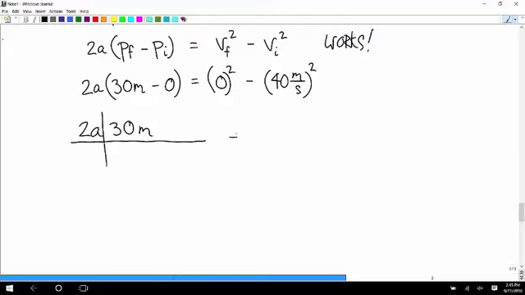And then on the other side, we have 0 minus whatever this is. Notice we do the square before we take the negative, so that we have the negative. So 1600. And we also have meters squared over seconds squared. I'll write that as meters times meters over seconds times seconds.